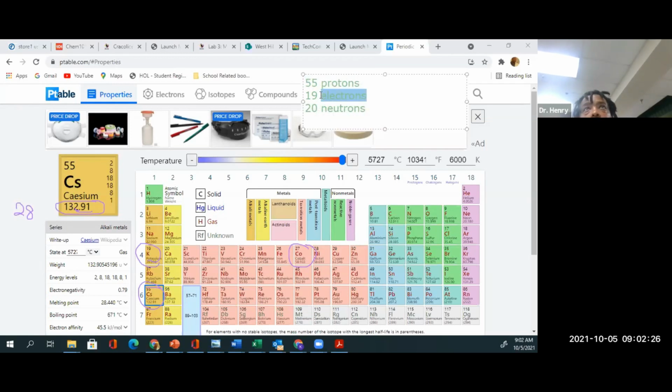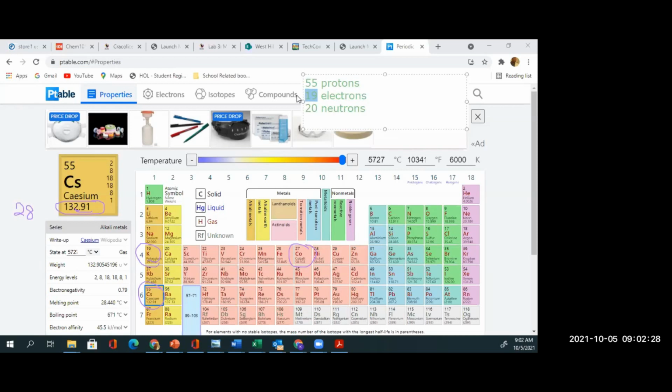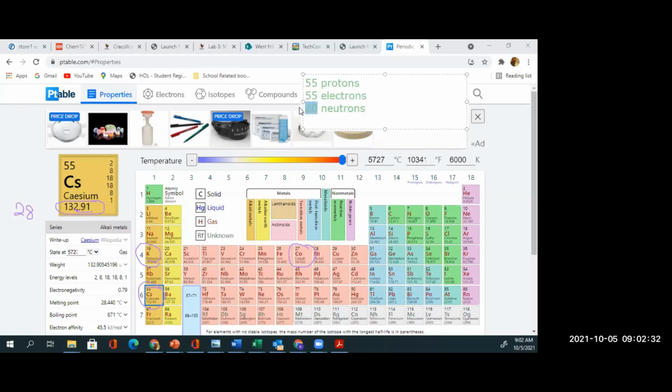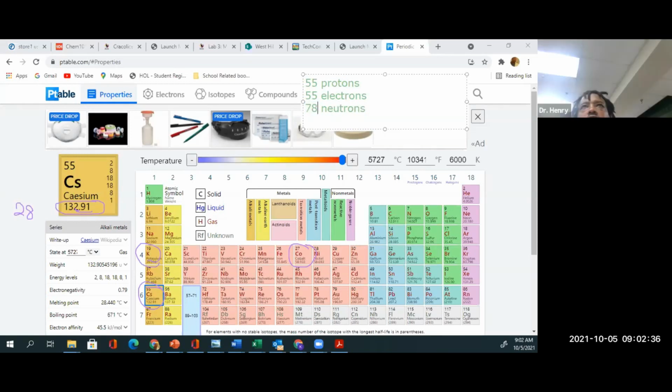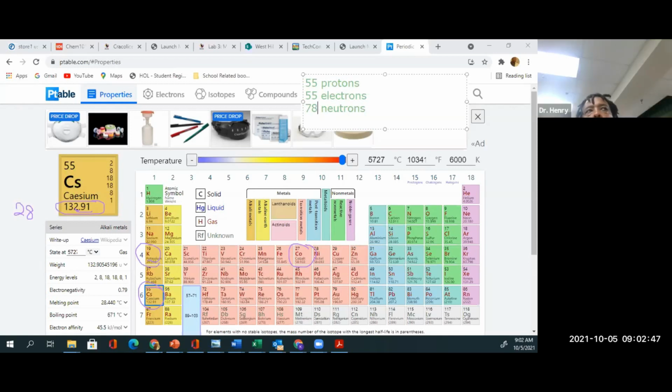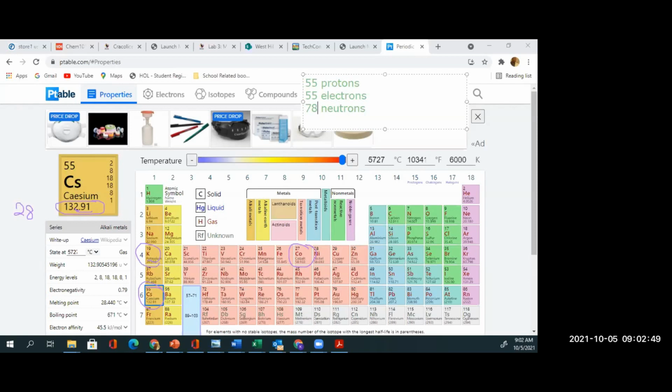How many electrons? 55. And then how many neutrons? 78. Okay, and how do we get 78? Because you round up the mass to 133. Okay, so 133 minus 55 is going to give us 78.